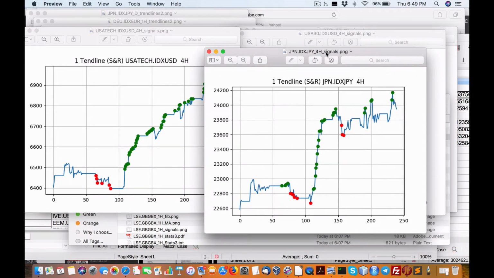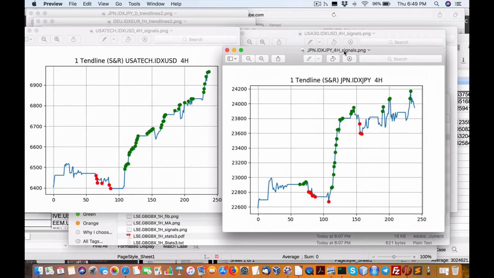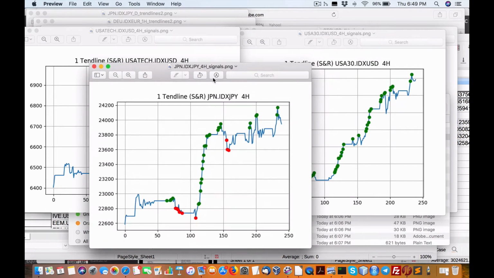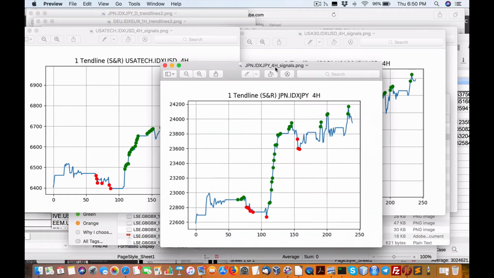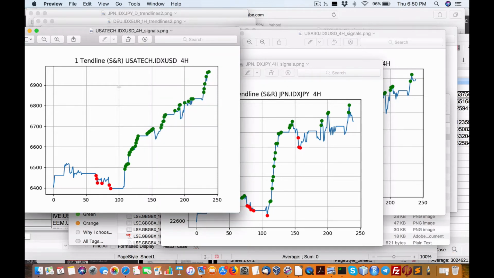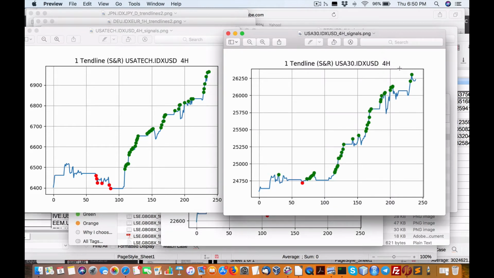So just on the 4-hour chart, you definitely have a lot of really good momentum. I mean, not too bad, but over the last little bit, the trend's just not there. It goes into a choppy mode, but you can see that the U.S. tech and U.S. top 30 are doing really well.